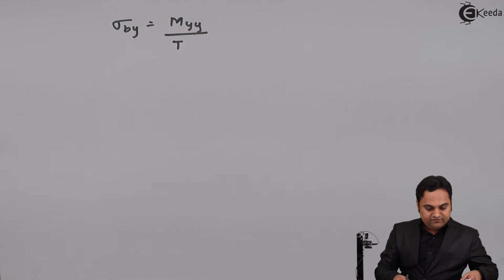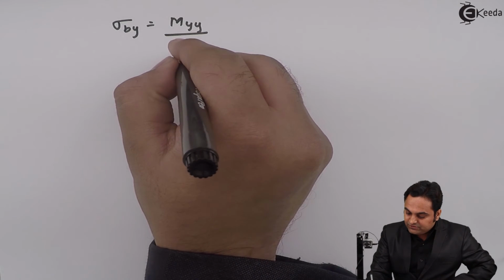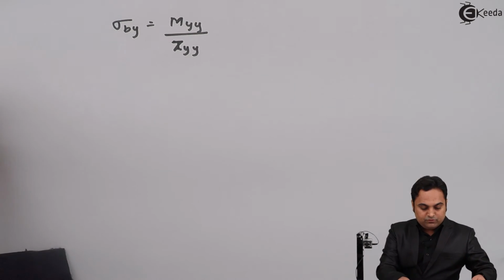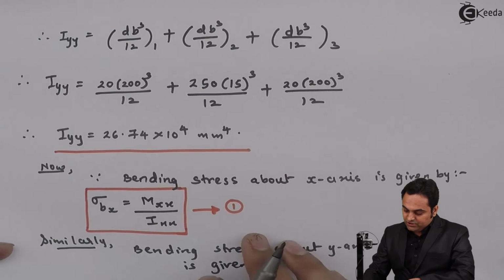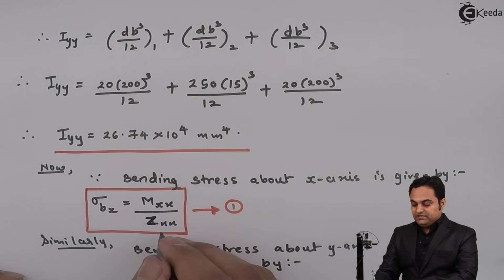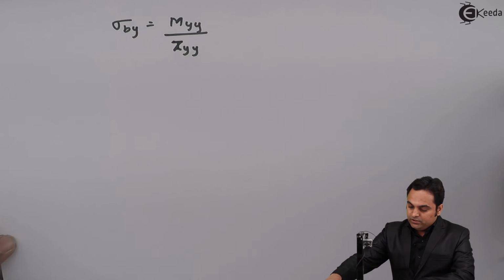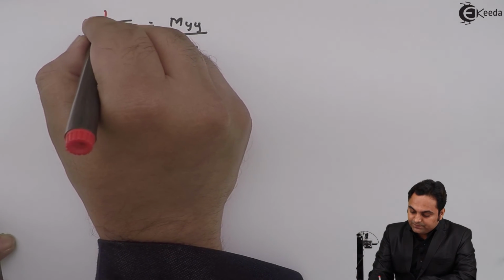So here we have, it is M by Z, actually this is M by Z. So even here we'll have to make a change. In equation 1 it is M by Z, because M by Z will give us the bending stress. So here I have written equation 1, here we have equation 2.